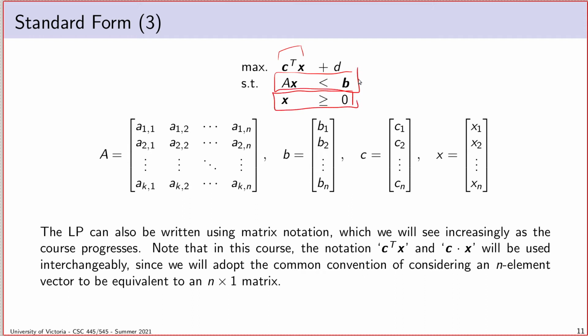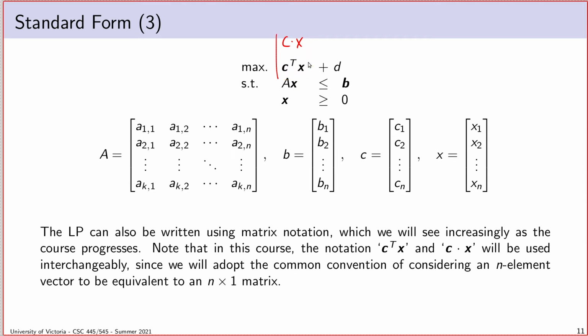Now, another notation note: if I treat c and x as n by 1 matrices, then the dot product c times x is equivalent to the result of matrix multiplication c transpose times x. In this course, I am going to use these two notations completely interchangeably. There are lectures that are focused entirely on linear algebra where I'll probably mostly use this notation.